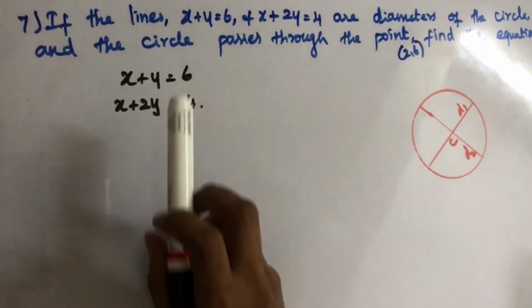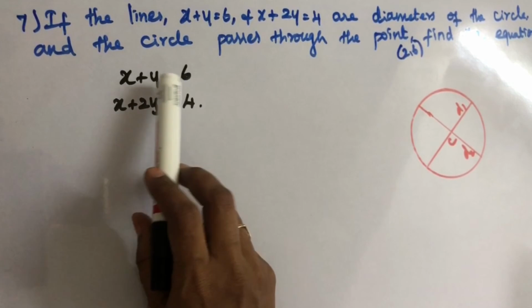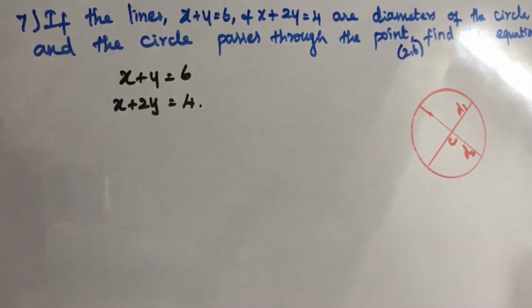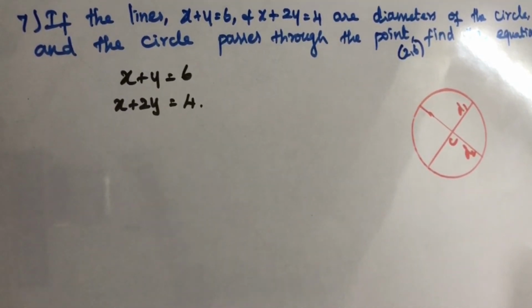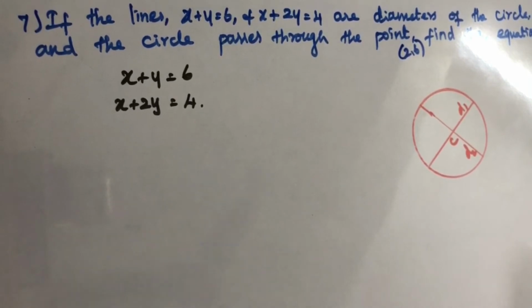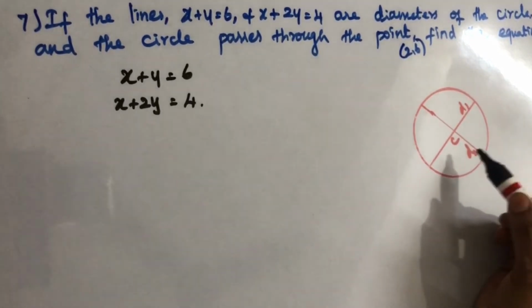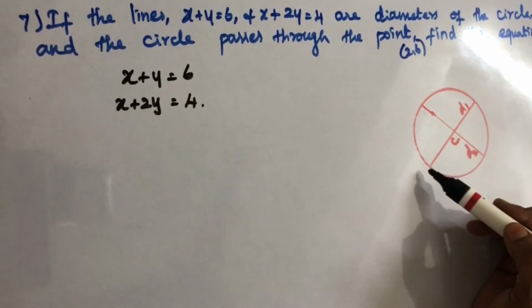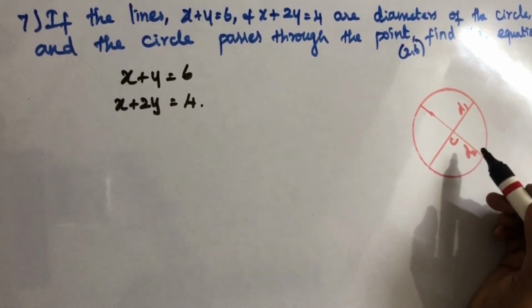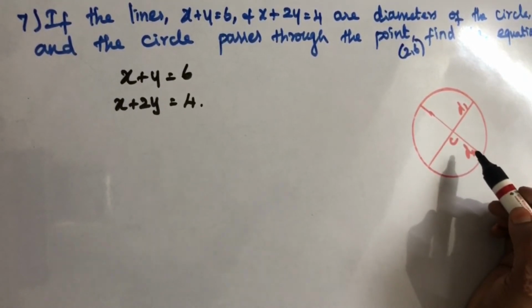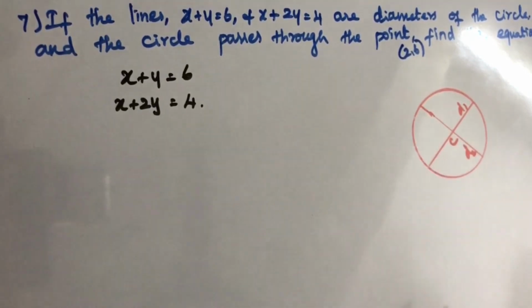So, here the two lines, that means the diameters, are given. What do you know about the diameters? In a circle we can draw many diameters, but all diameters intersect at one point. What is that point? It is the center of the circle.